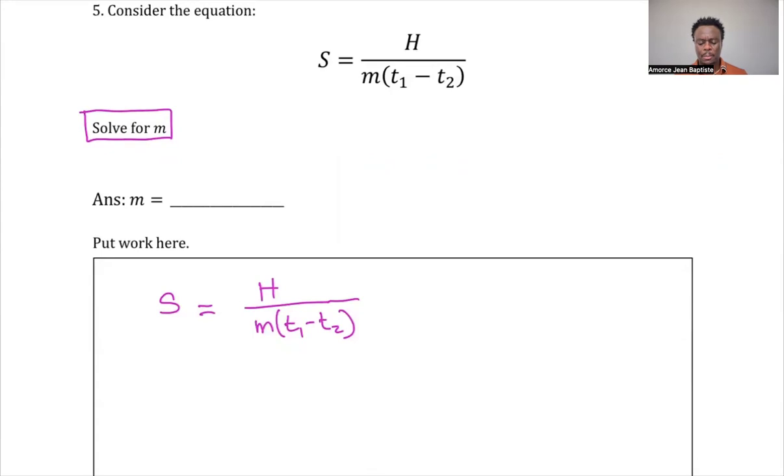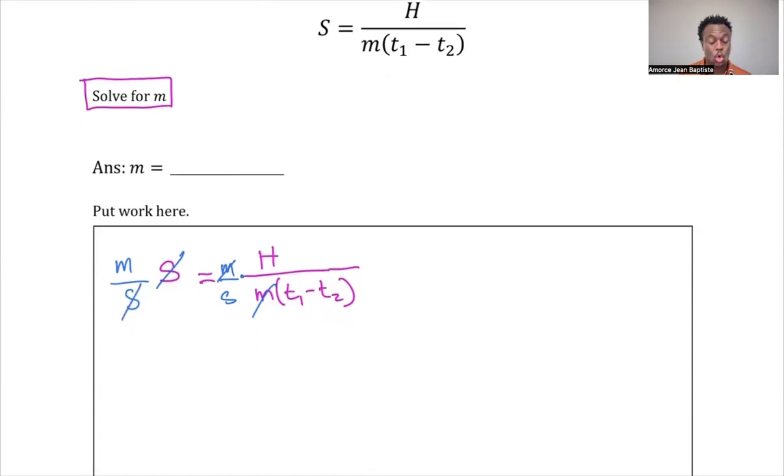If I multiply both sides of my equation by m over s, that will cancel the s over here, and m over s will cancel the m on this side. I'm left with the s over here, and m is automatically outside. So m equals h over s times T1 minus T2.